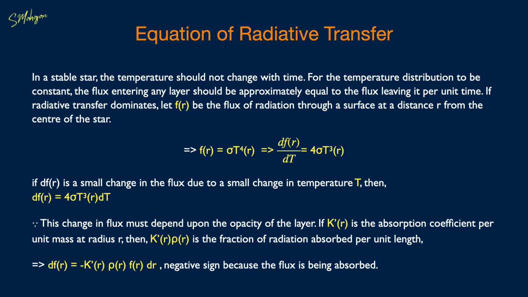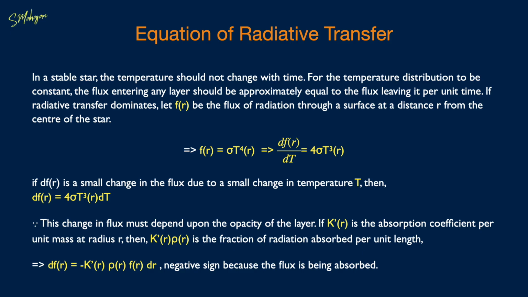Coming to the next very important property, that is the temperature. Consider, in a stable star, the temperature should not change with time. For the temperature distribution to be constant, the flux entering any layer should be approximately equal to the flux leaving it per unit time. So if radiative transfer dominates in the star, let F(r) be the flux of radiation through a surface at a distance r from the center of the star.